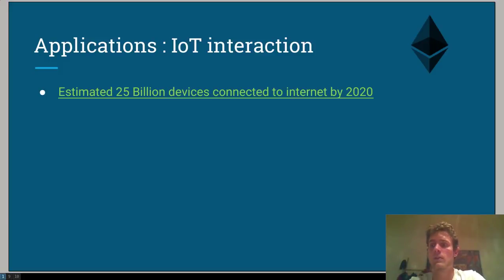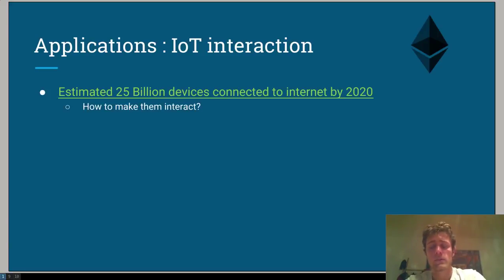Let's say there are 100 million televisions connected to the internet. If you need to update them or make some kind of change for the constructor, it's really difficult to do that over a very centralized platform.